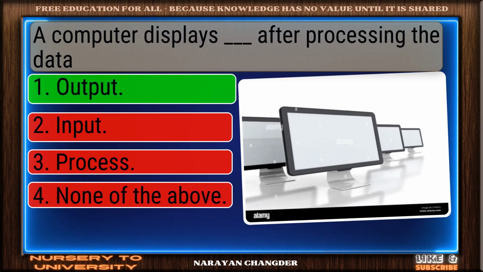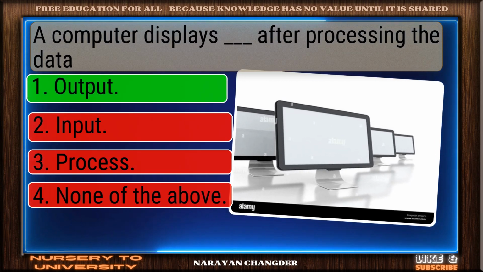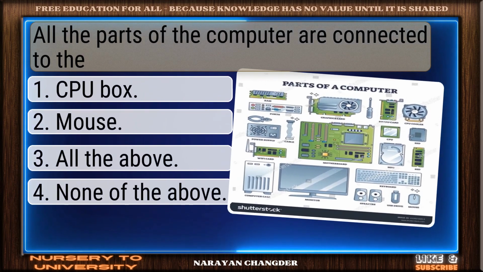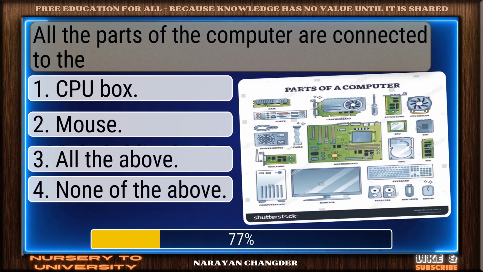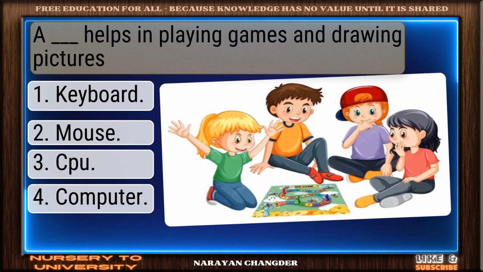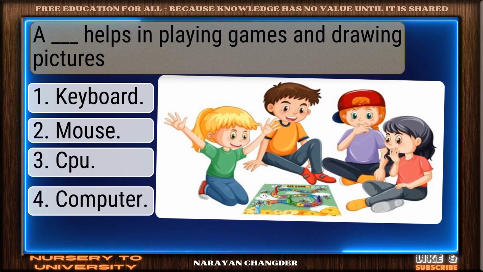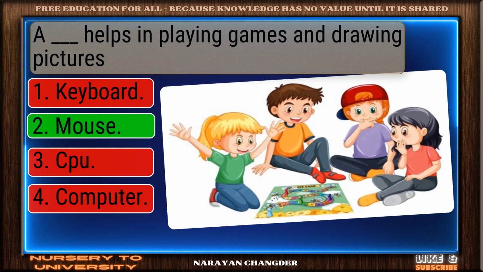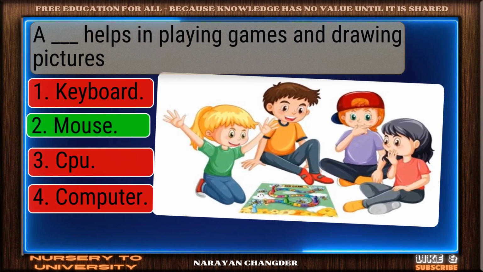Right choice. Output is the best answer. All the parts of the computer are connected to the dash. On track. CPU box is the correct answer. A dash helps in playing games and drawing pictures. Smart move. Mouse is an accurate answer.